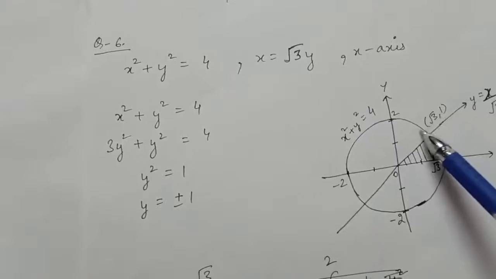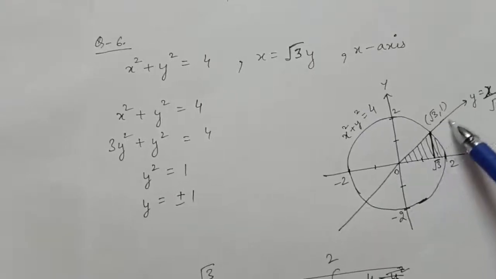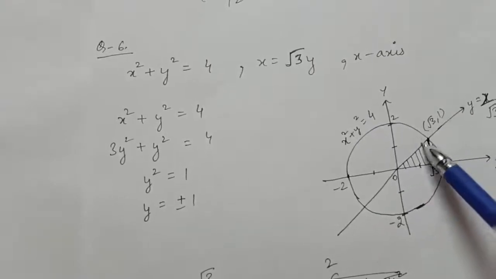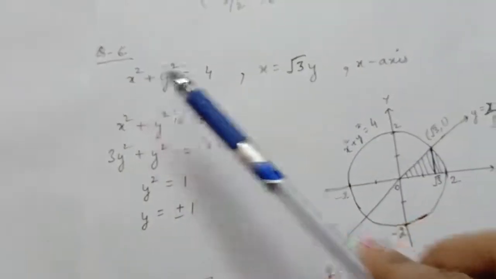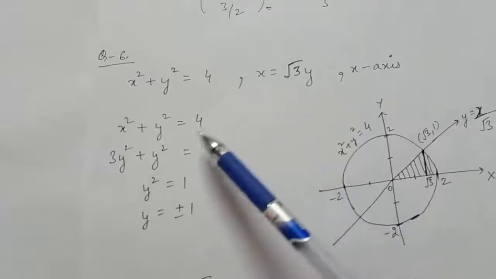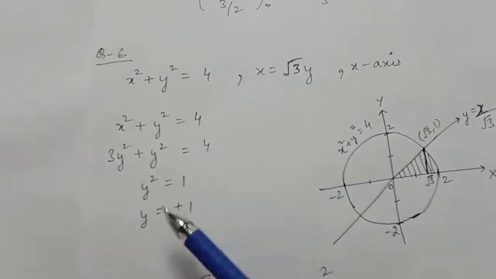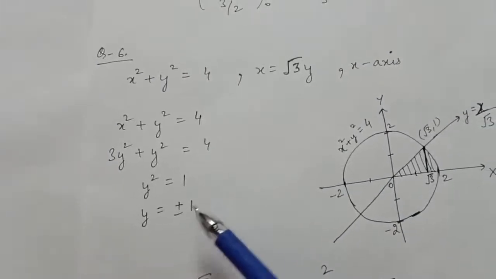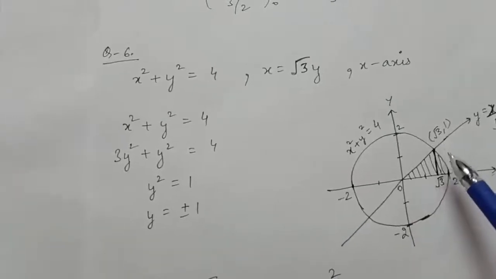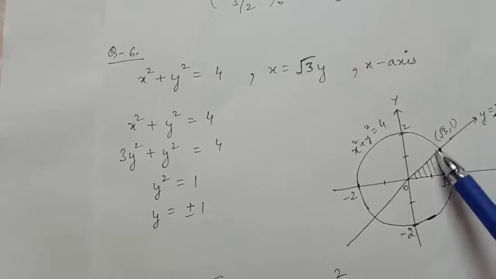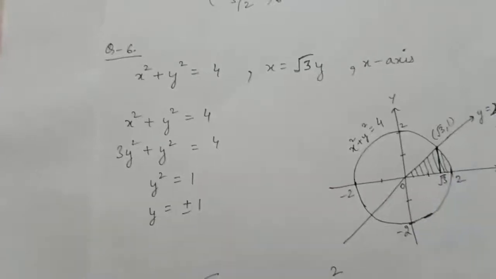Now see, this circle and this line will intersect at a point. So in place of this x, put root 3 y to get the intersection. So you will get the value of y as plus minus 1. That is, this circle and this line will intersect at the points y equal to 1 and y equal to minus 1.